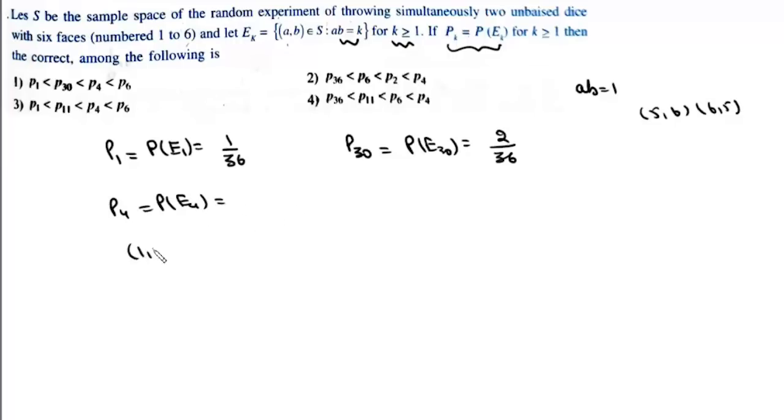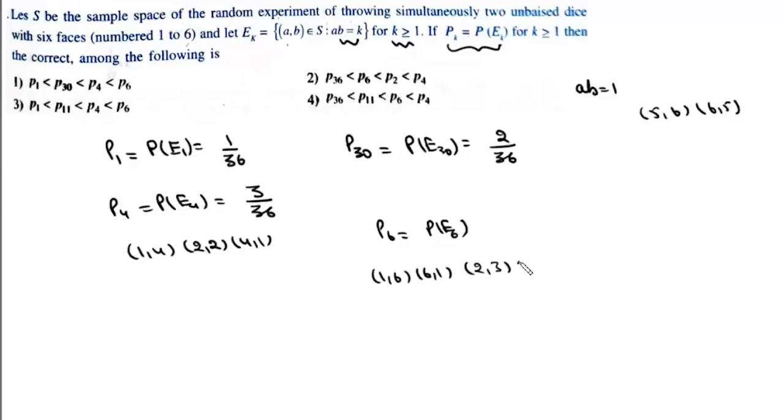The choices we have here are (1,4), (2,2) and (4,1), and this is 3 by 36. And then we have P6, which is the probability that the product is 6. Now it will be (1,6), (6,1), (2,3) and (3,2). So it will be 4 by 36. So clearly P1 is less than P30, less than P4, less than P6, and that's your option 1.